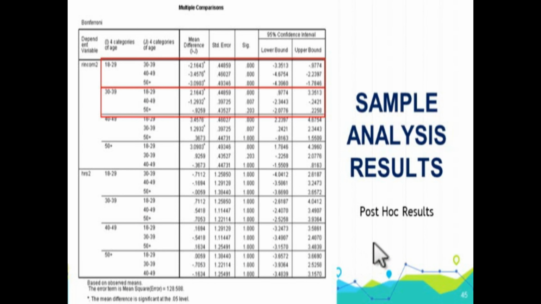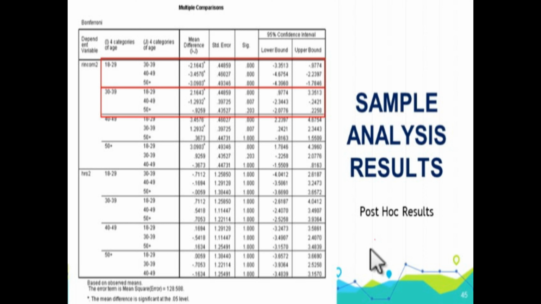As mentioned a while ago, since age category significantly affects income but not hours worked, we're going to have our post hoc test. But if age category does not significantly affect both income and hours worked, we don't need to go further and have our post hoc test.